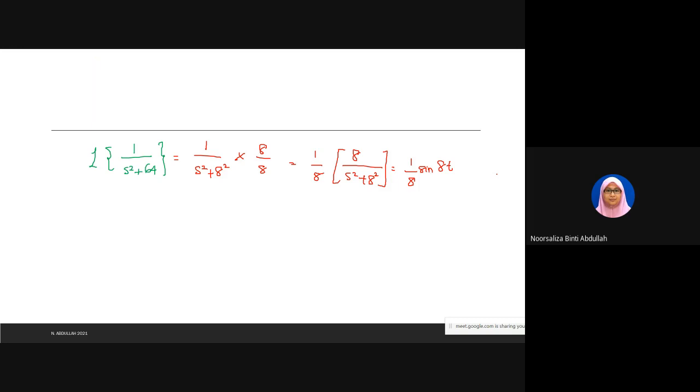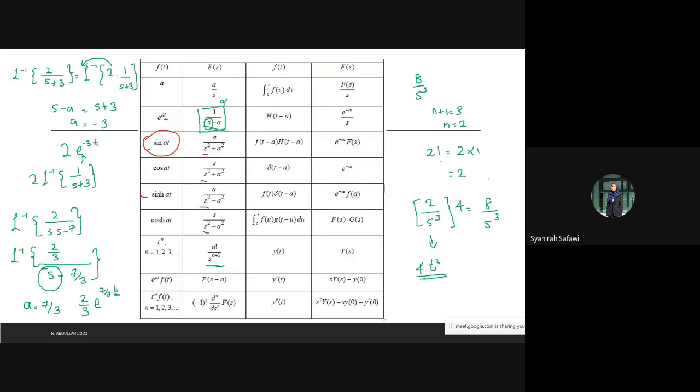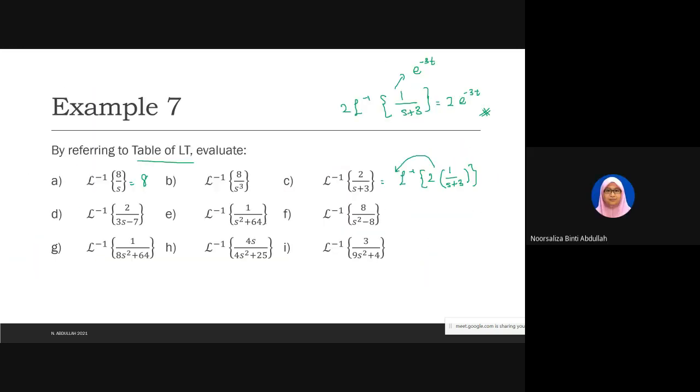Faham? This one settle. Next one is you want to find the inverse of 8 over s square minus 8.